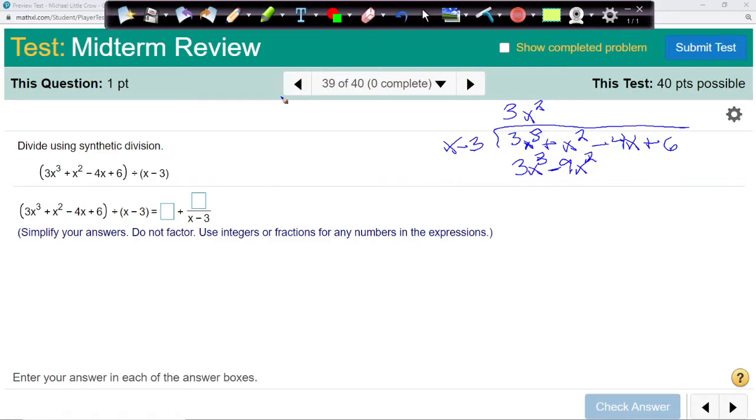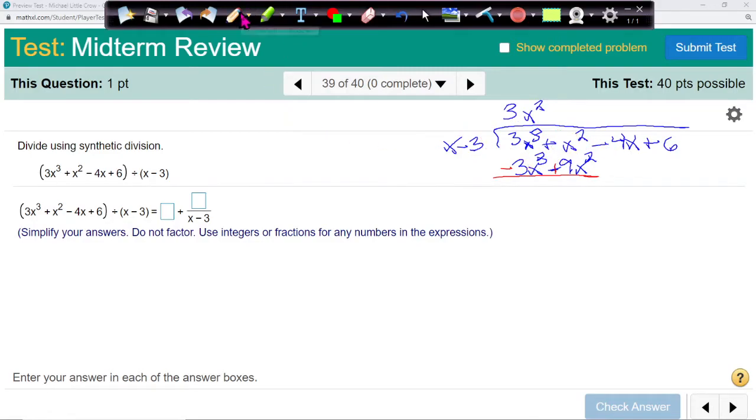Right? Okay. I'm going to switch to red. We subtract, so that makes this negative and this positive. This is now 0, which is supposed to happen. That's what we're trying to make happen.